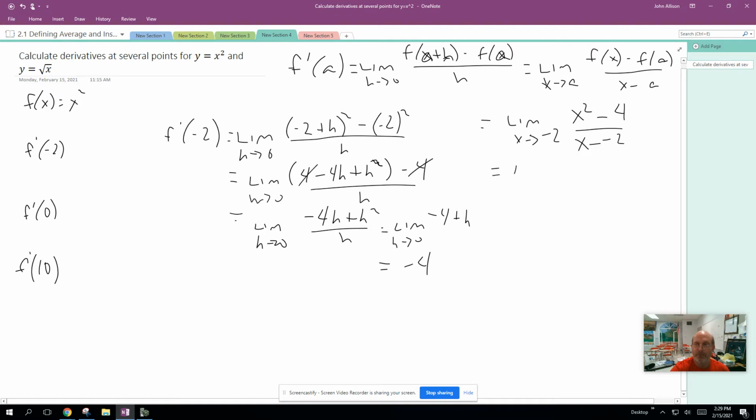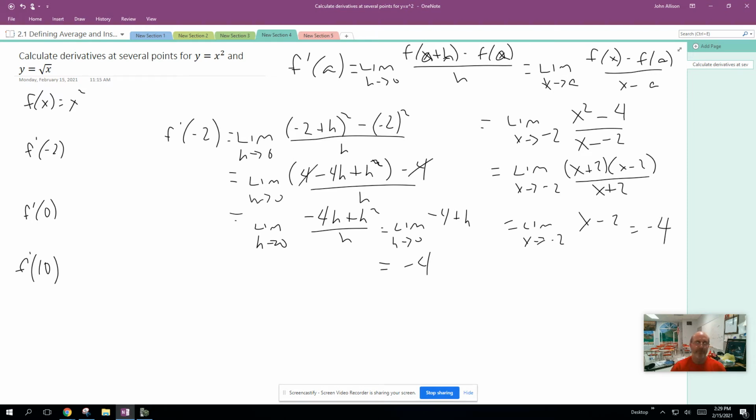So this equals the limit as x goes to -2 of x plus 2 times x minus 2 over x plus 2, which equals the limit as x goes to -2 of x minus 2, which is -4. So the derivative at x equals -2 of f of x equals x squared is -4. We showed that using both of those.